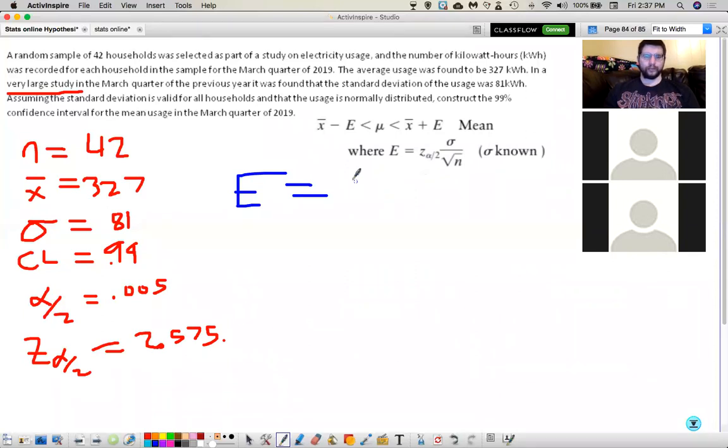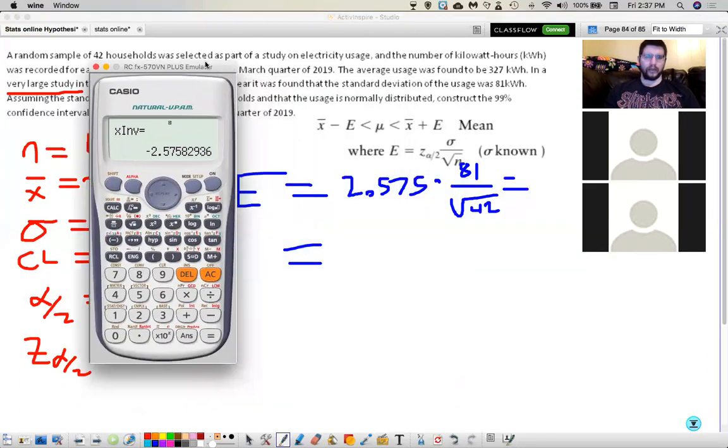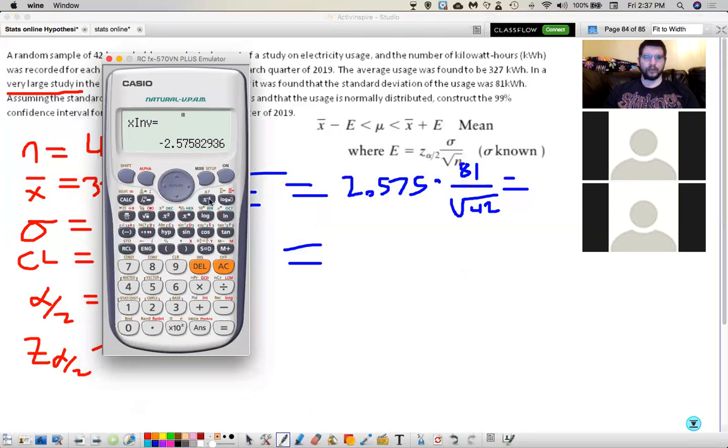So error, 2.575 we got from the chart or using an inverse norm. Sigma, square root of 42. Calculate that, and that'll give me my error. Again, TI users, all I have to do is type in the information and you're pretty much done.